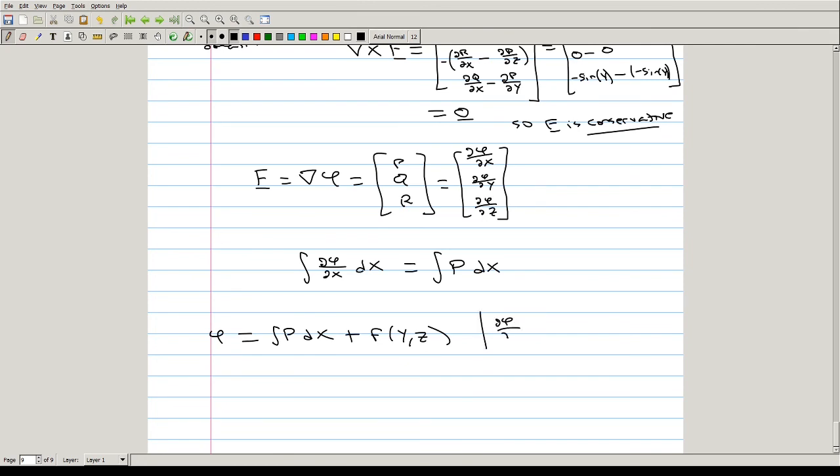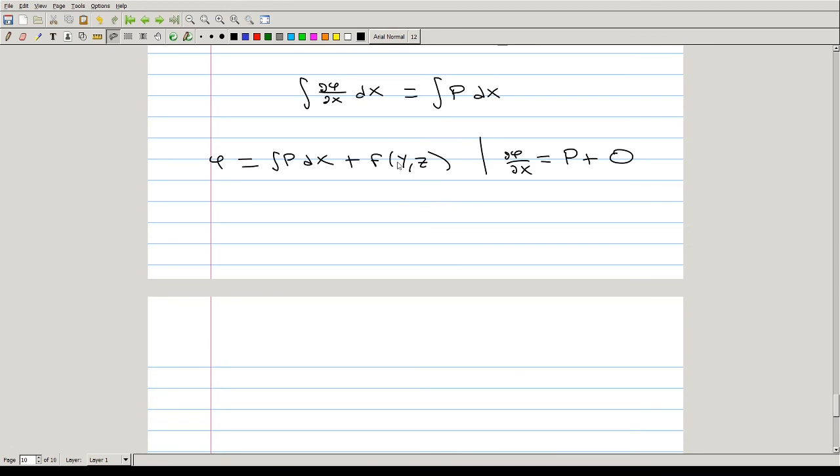When you take the partial derivative of both sides with respect to x, you get the partial derivative of the indefinite integral of p dx, which is just going to be equal to p itself, plus the partial derivative of a function of y and z, which is equal to 0. So this is giving us exactly the first component. And this is important because it's exactly what you would expect from a single variable calculus course, but you have to be very careful here. This f of yz is in general a function of y and z that's unknown, but we have to solve for.